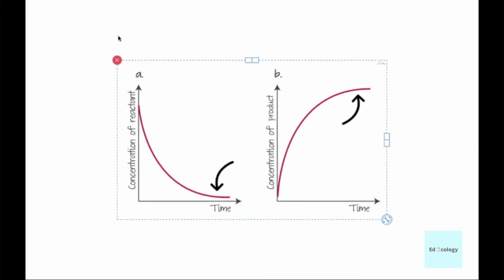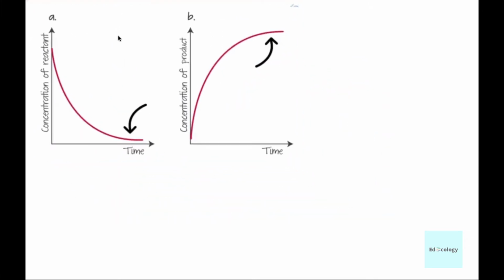Now if you look at these two graphs, you would see that at some point the gradient becomes 0. At that point, or at that time, when the gradient is 0, the reaction has stopped.